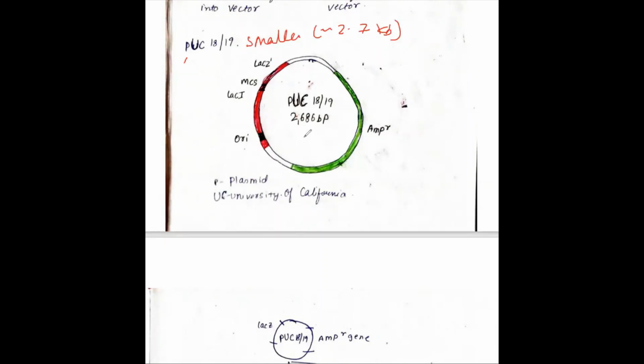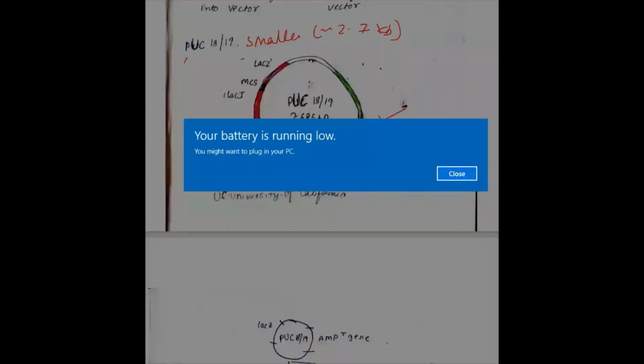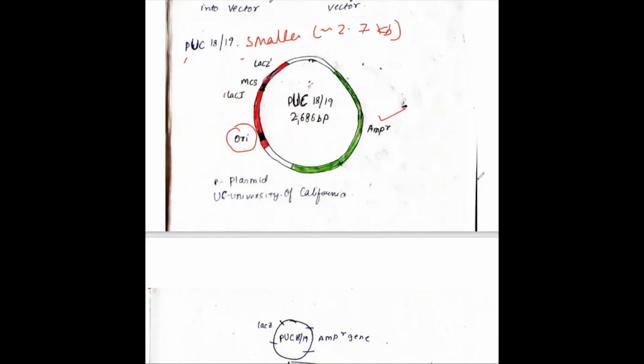It has your ampicillin resistance gene and your origin of replication. As you can see, it has lacZ and lacI and multiple cloning sites. So these are the different genes present here.